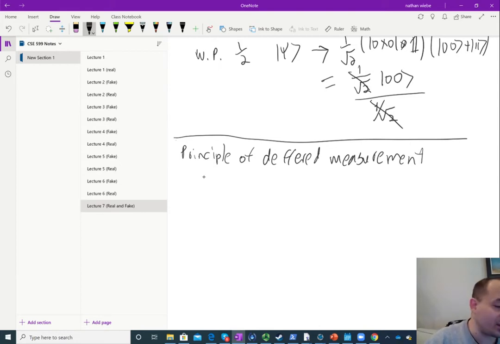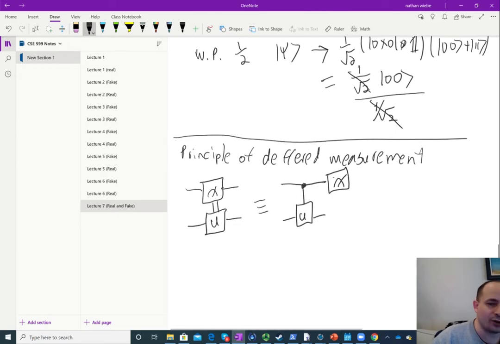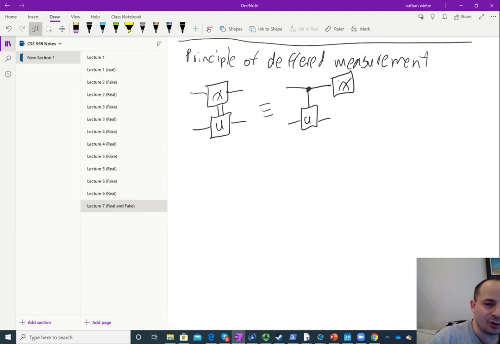But the idea basically behind it is that if you've got a measurement over here that classically controls a unitary, this is equivalent to doing a quantumly controlled unitary immediately followed by a measurement. And so we can do this in order to be able to find equivalent circuits that shift the measurement further down.